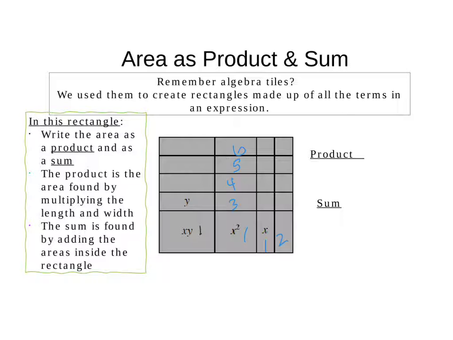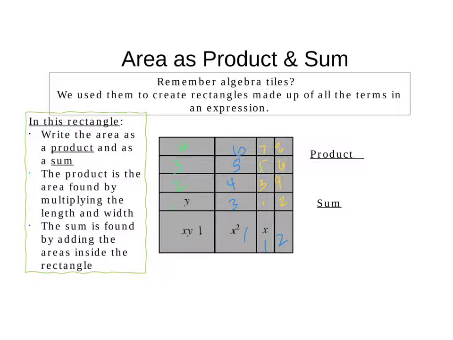And we have 1, 2, 3, 4 y's. And it looks like a total of 1, 2, 3, 4, 5, 6, 7, 8 ones.